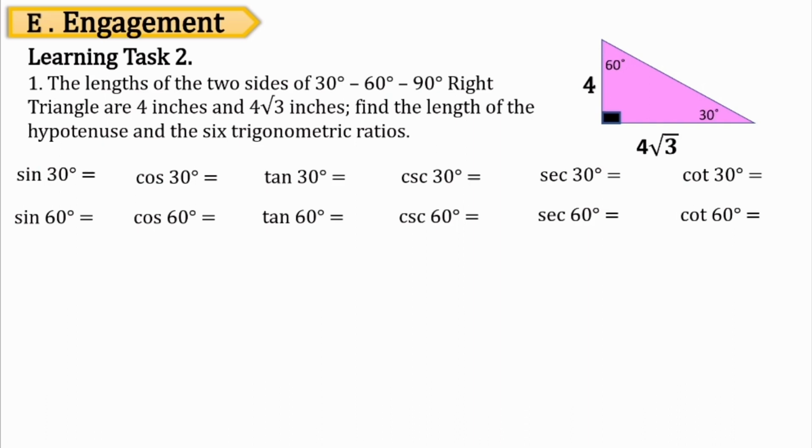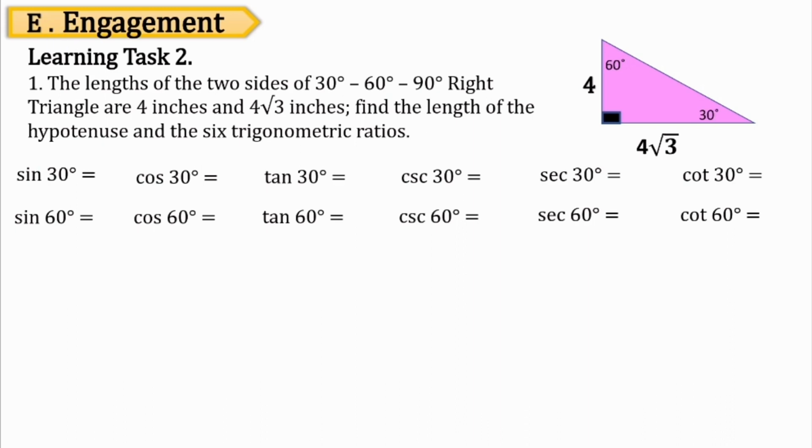Dito class, given yung shorter leg and longer leg at hahanapin yung measure ng hypotenuse. Kung matatandaan nyo kanina, sa theorem about 30-60-90 triangle, yung hypotenuse is twice the length of the shorter leg. So, doble class nitong ating shorter leg.